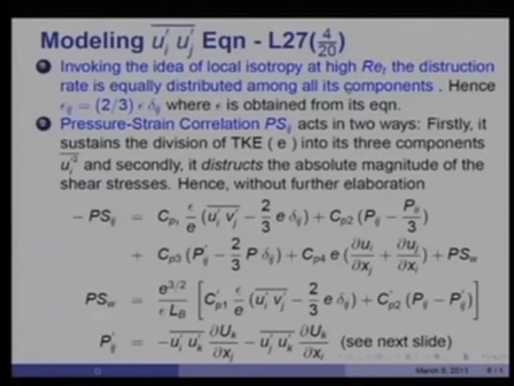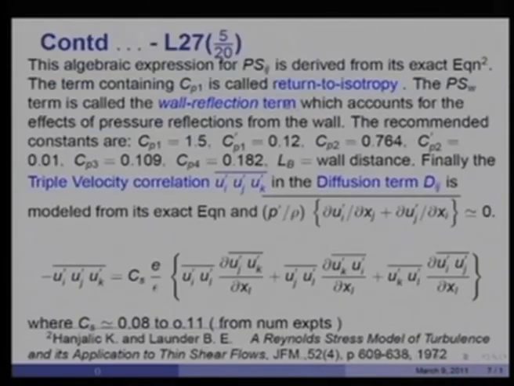There is always a tendency for a stress to return to its isotropy, and the difference between this quantity minus the 2/3 of kinetic energy. Remember, when it is perfectly isotropic, ui prime, this should be uj prime, ui prime would be exactly equal to 2/3 of E, and therefore it is called the return to isotropy term.